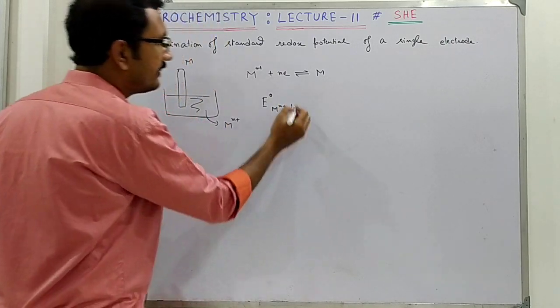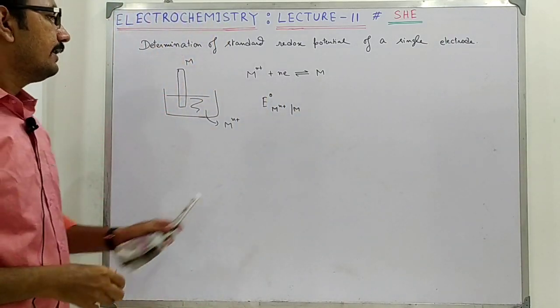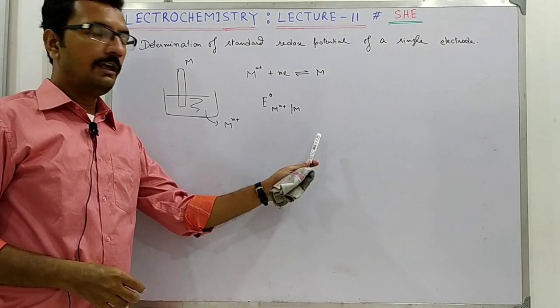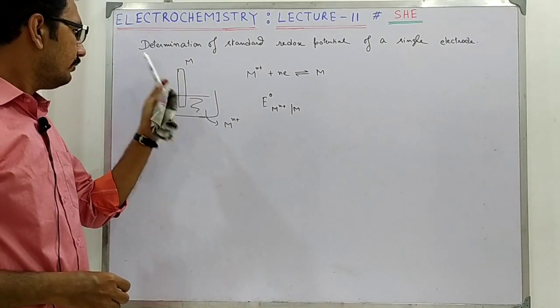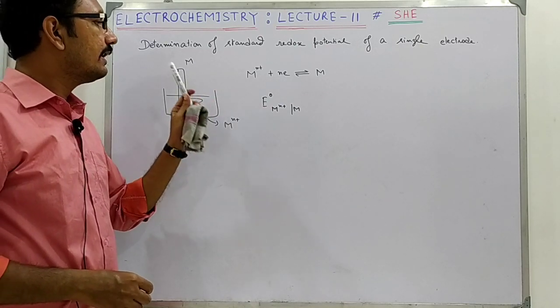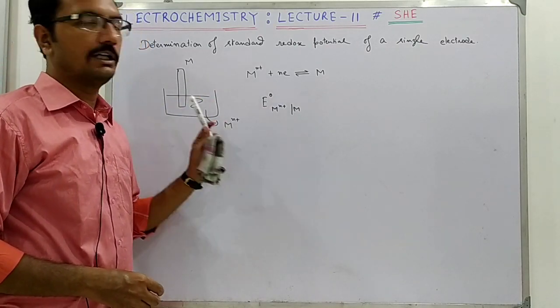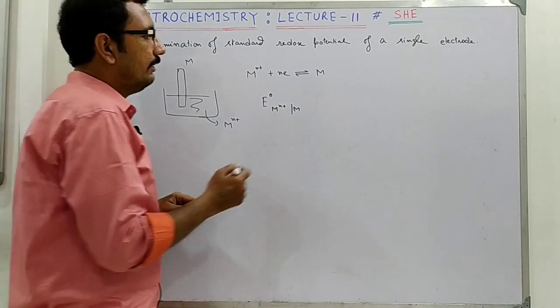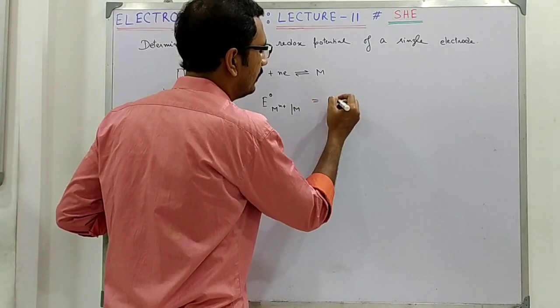For this half cell, the standard reduction potential is E0 Mn+|M, and using only this half cell and any machine you cannot determine this absolute value. So this is the limitation.